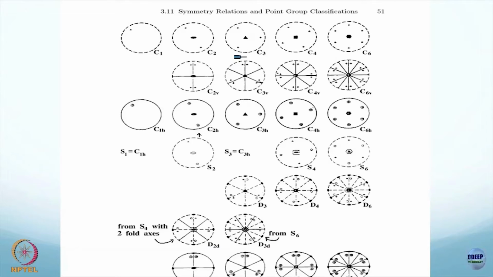Now, you do rotoreflection here. If you do rotoreflection, what will happen? S4, if you want to do it, tell me how it will be. So, you have a cross here.